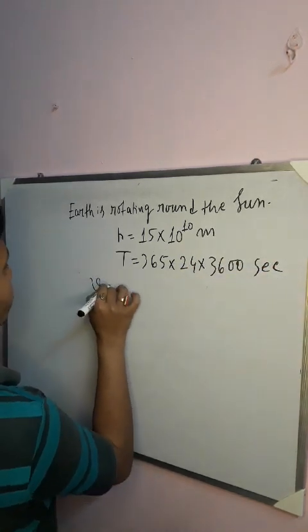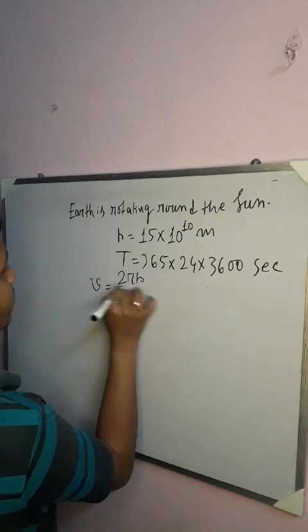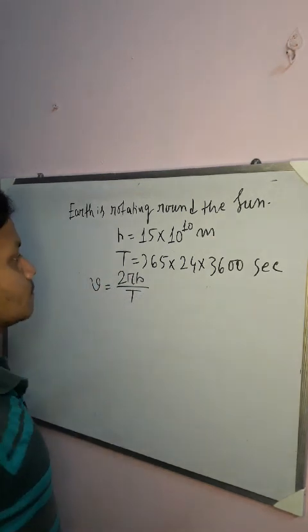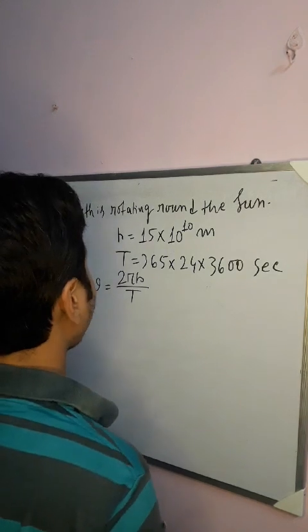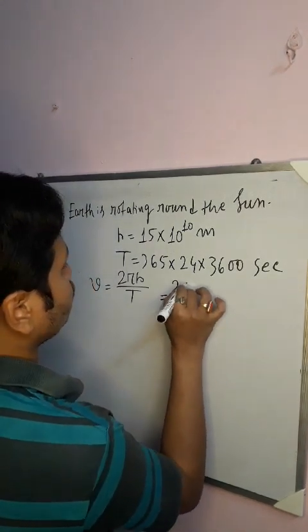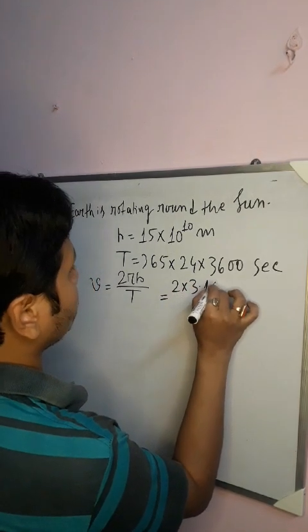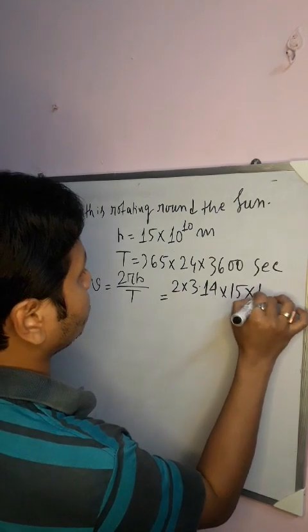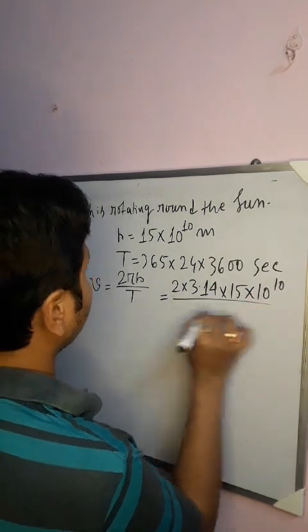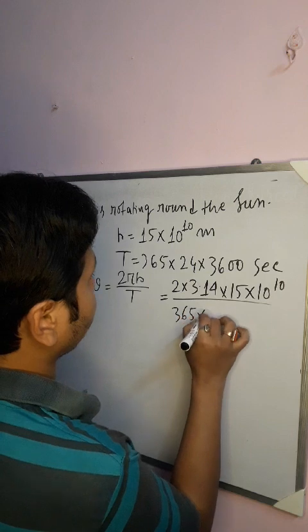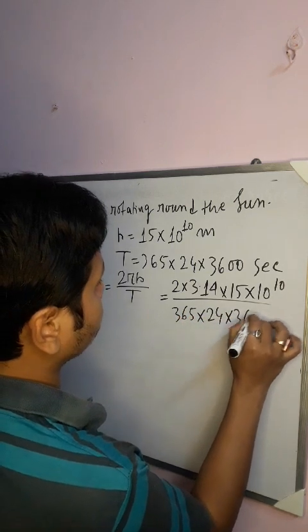So what will be the orbital velocity? That is 2 pi r by T, so 2 into 3.14 into 15 into 10 to the power 10 by T.